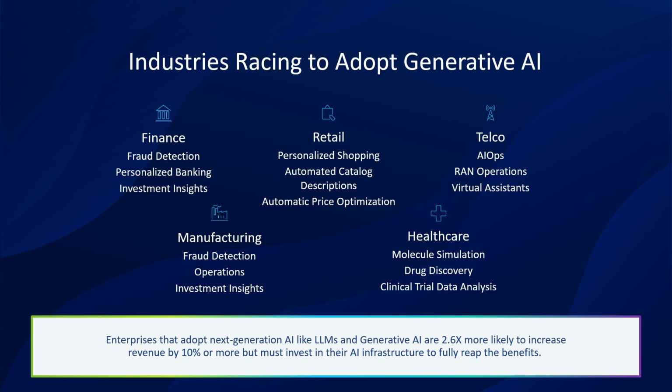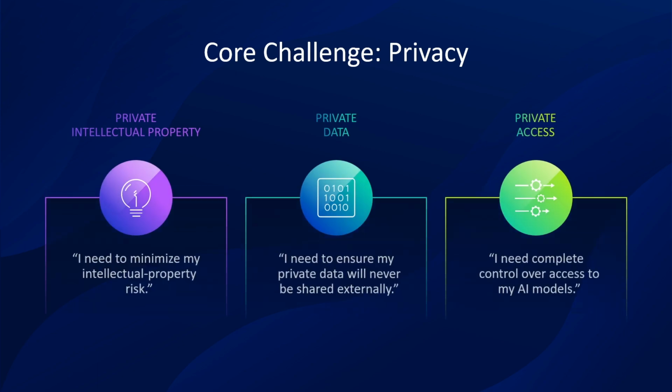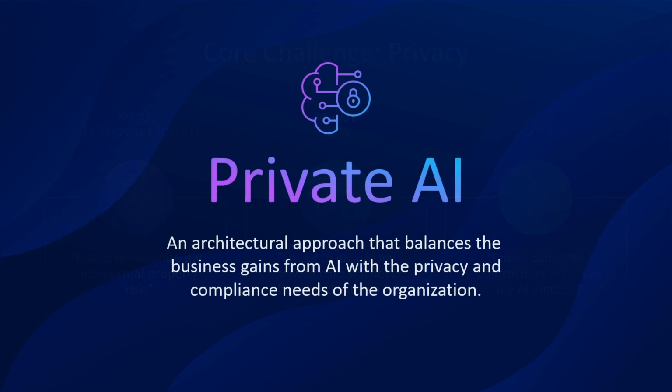every industry today is running to start using Gen AI. You've got your finance, retail, telco, everybody's using it globally. And if you are not, you have to start using it. The thing is, how do you use it? How can you keep your data private? How can you keep your models private to yourself? That's the single biggest challenge of Gen AI today: what sort of architecture do I use to ensure that my models and my data remain private?